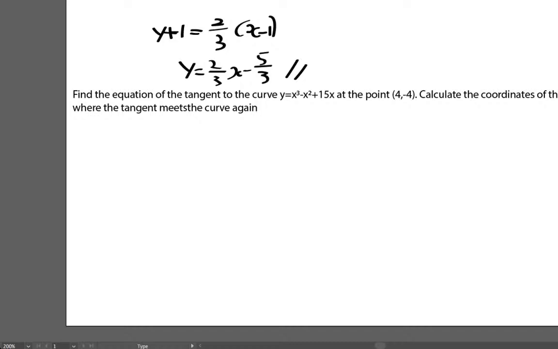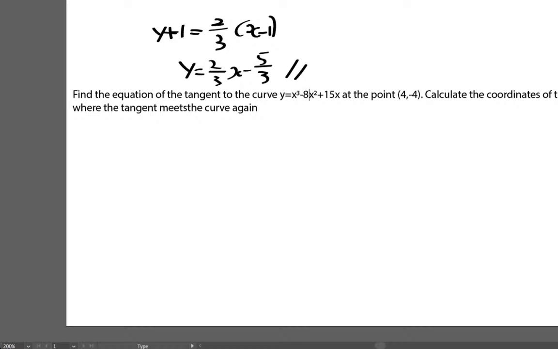So first things first, let's just go ahead and check. 64 plus 60, that's 124. Subtracted by 60. Wait, what? Something is not adding up again. X cubed minus 8, oh yeah, I forgot the 8 there. So that's 64 minus 16 times 8.